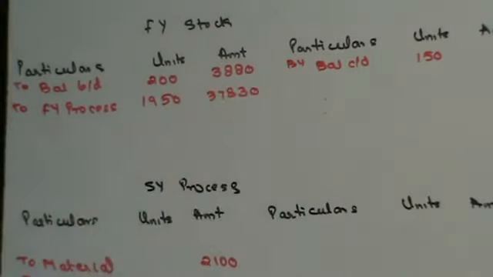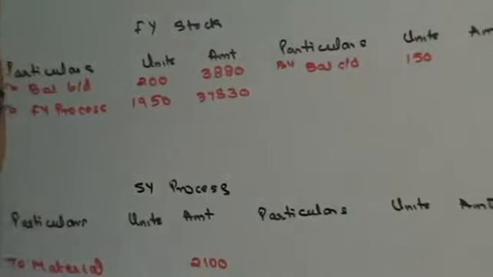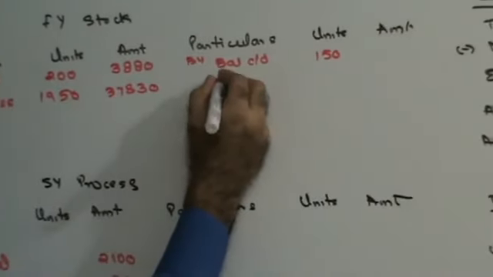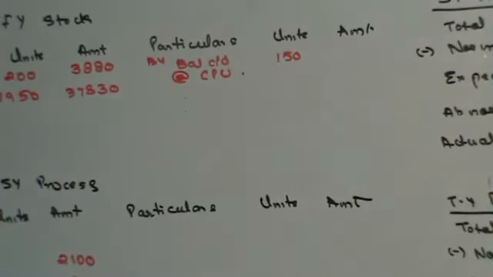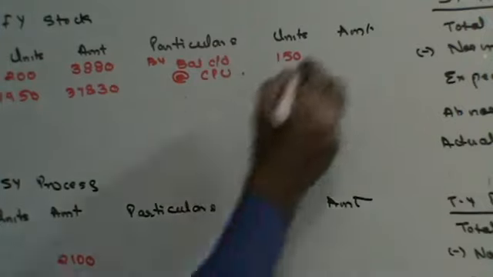Right? Now we have a closing balance here of 150 units, but they have not given you the amount. Closing balance is always to be calculated at the rate of CPU. My CPU for FY process, guys, we had found out was 19.4. So this is going to be nothing but 150 into 19.4. When you do 150 into 19.4, that will be 2910.